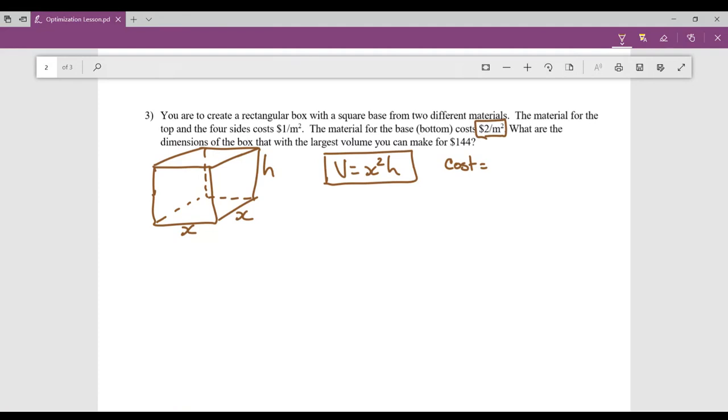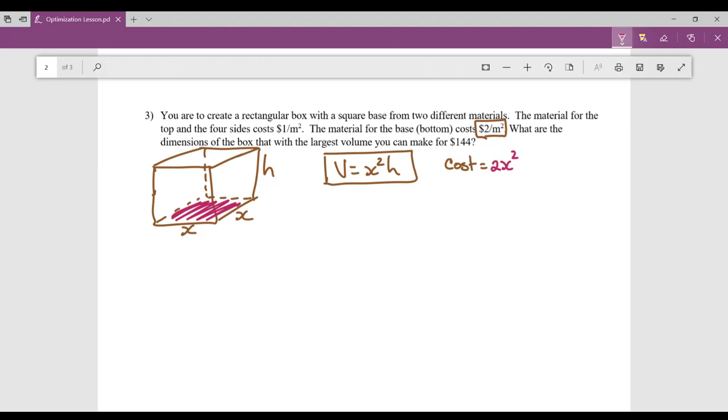The area of this bottom is x squared, and it costs $2 per that, so it's 2x squared as the cost of the bottom, plus the material for the top and all four sides.